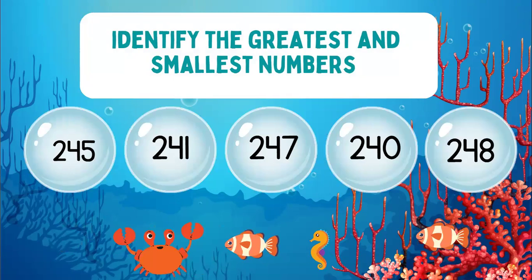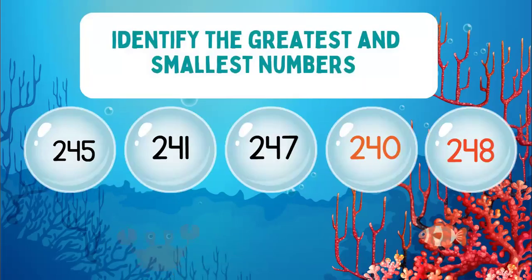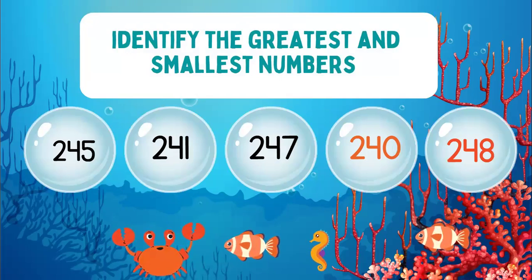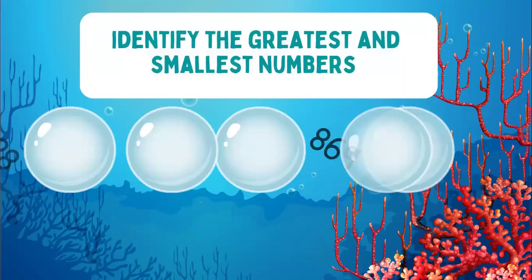Ooh, another one. Let's keep going on. Okay, let's see the answers. If you chose 240 as the smallest and 248 as the greatest, superb. You're getting awesome at this.